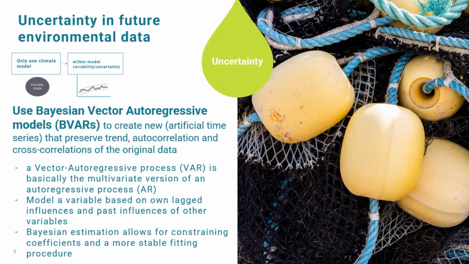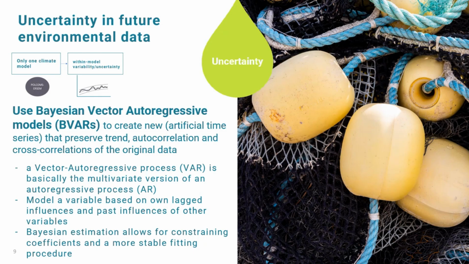And what I came up with is to use a vector autoregressive model or a Bayesian vector autoregressive model to create those new time series that preserve the trend, the autocorrelation, and the cross-correlation of the original data. You can understand a vector autoregressive process basically as a multivariate version of an autoregressive process, and it models the variable's own lags or past influences to inform the future, but also takes into account other past influences of other variables.